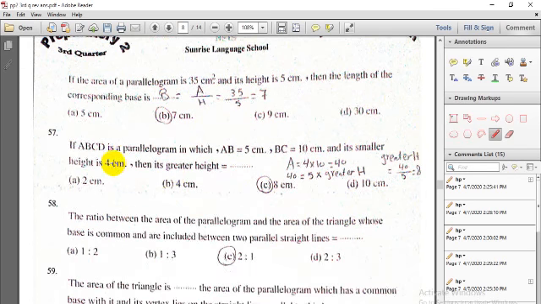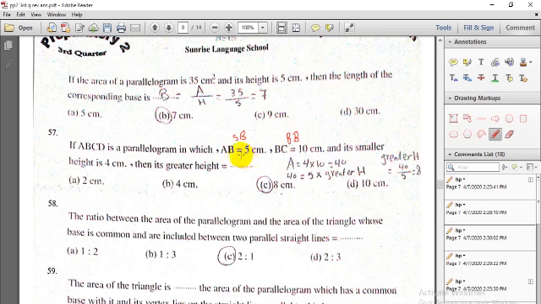If I have here a parallelogram which AB equals 5 and BC equals 10. AB and BC are two bases. Okay? This is the small base, and this is the bigger base.